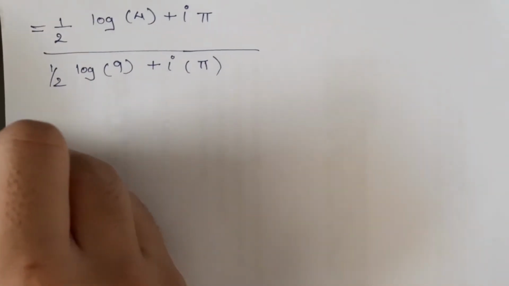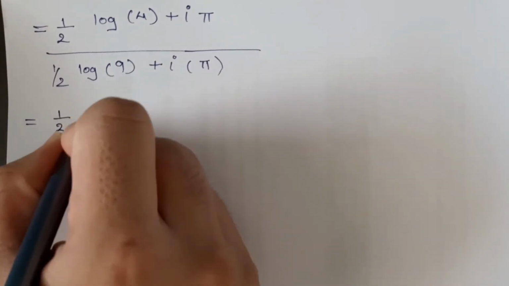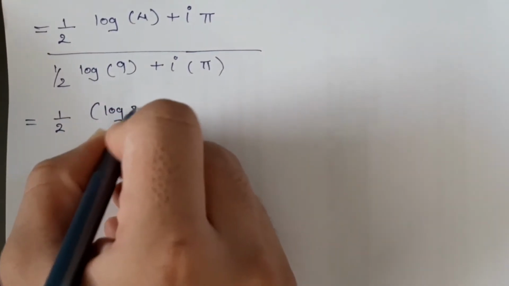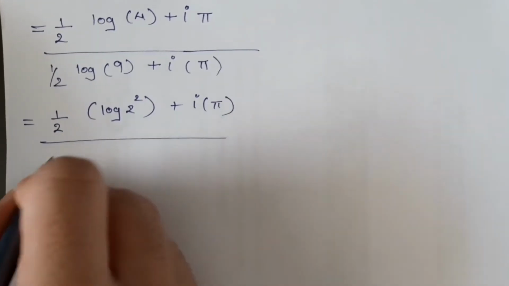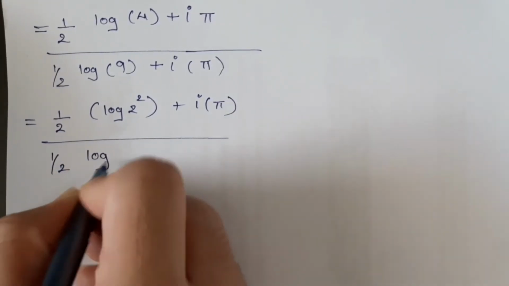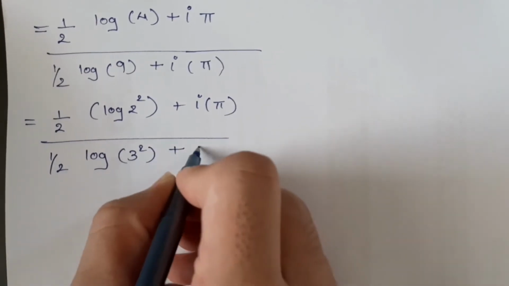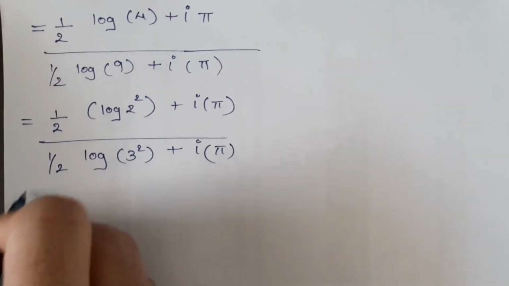Now further simplifying it, 1 by 2 into log of 4 can be written as 2 square, into i into pi, divided by 1 by 2 into log of 3 square plus i into pi. Okay.